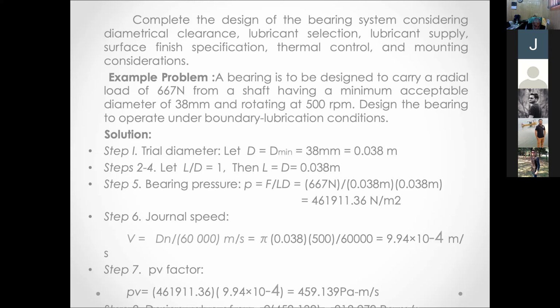I will also mention here that there are various types of expansions taking place in the bearing. You have to consider clearance. When you give the clearance, you have to consider those things. For example, the thermal expansion will be there. Whatever is the space to be left for lubricant, that you have to consider.